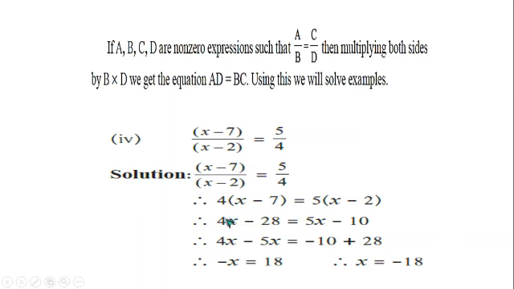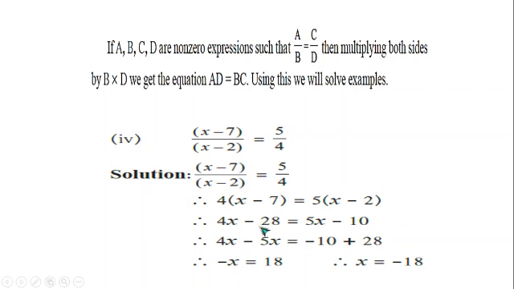Further opening the bracket, I have 4x minus 28 equals 5x minus 10. Getting the like terms together, I have 4x minus 5x equal to minus 10 plus 28.